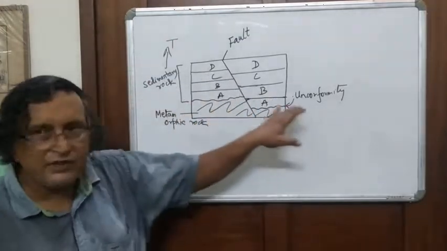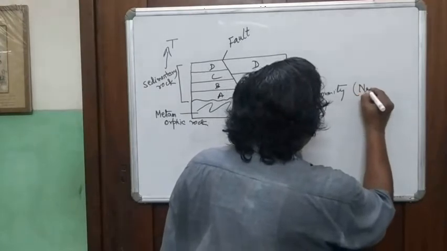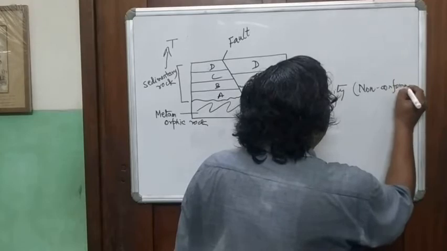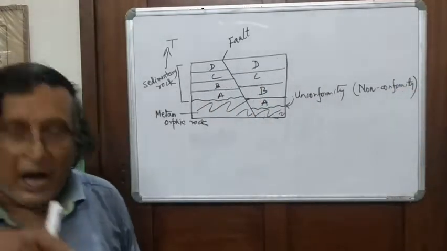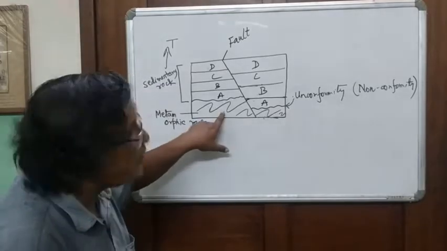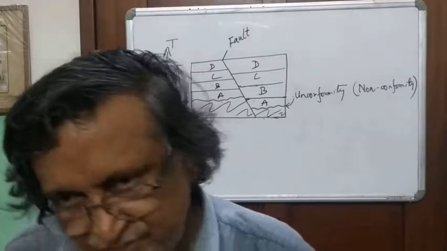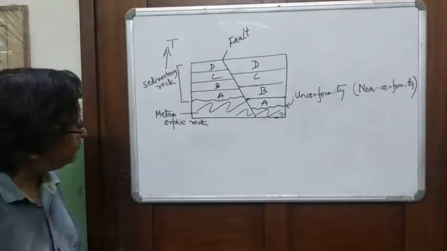According to the definition that I told you, this should be a non-conformity. It is not an angular unconformity. Why? Because this is not a sedimentary rock. It's a metamorphic rock.